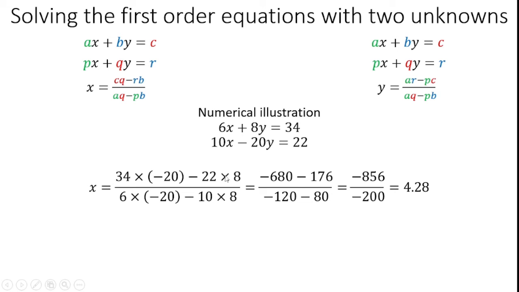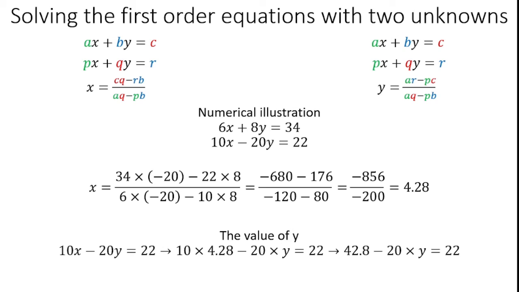So I substituted here 22 into 8, divided by 6, which is a. Okay, here 6 into q, which is minus 20, minus 10 into 8. Likewise, I substituted the corresponding values into the x identification formula. From this I can get 4.28 as the unknown variable x value.